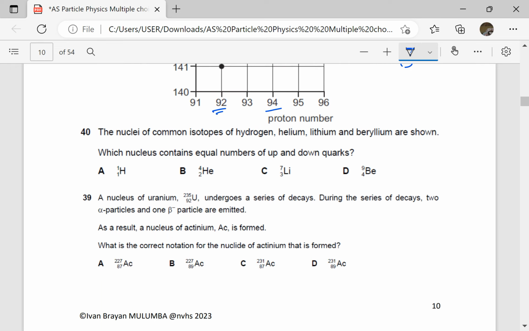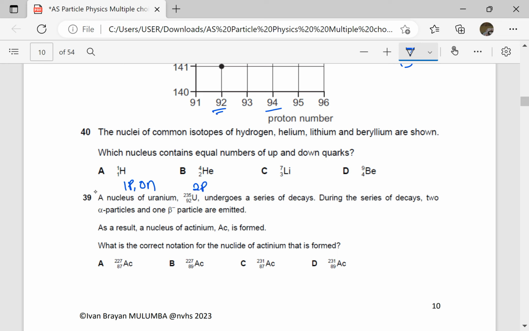The nuclei of common isotopes of hydrogen, helium, lithium, and beryllium are shown. Which nucleus contains equal numbers of up and down quarks? So hydrogen, that is 1 proton, 0 neutrons.